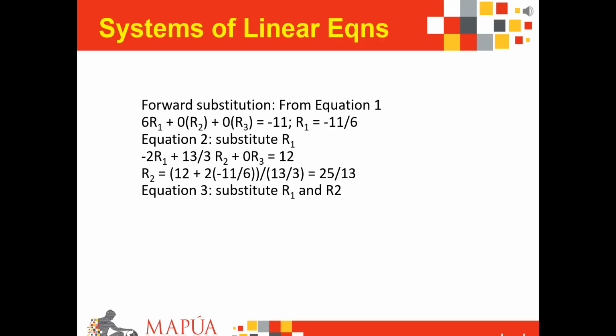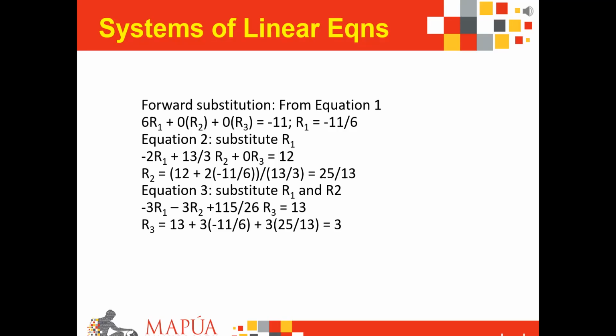We then substitute our R1 and R2 in equation 3, which is equivalent to 3R1 minus 3R2 plus 115 over 26 R3 equal to 13. Your R3 then would simply be equivalent to this solution, giving us a value of 3. Thus ending up with matrix R containing the following values: for R1, negative 11 over 6, for R2, 25 over 13, and for R3, 3.